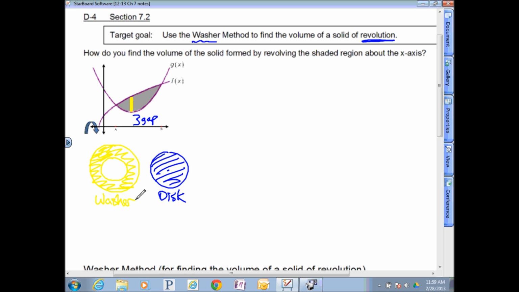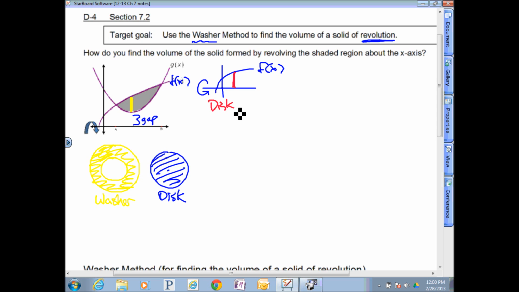We're going to start with our f of x function. If you take the f of x function and just redraw it, and revolve that f of x around the x-axis, we'd use the disk method in order to find that volume. We'd take our rectangle, which would go from that graph all the way down to the x-axis. When we revolve it, we'd make a disk.